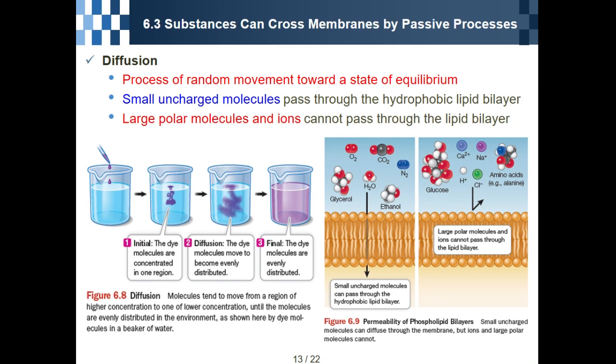In water, when we drop one drop of ink, one minute later the water becomes like this, because the ink can diffuse in the water. Diffusion means the process of random movement toward a state of equilibrium. So this particle can move randomly, and finally they will make equilibrium like this.